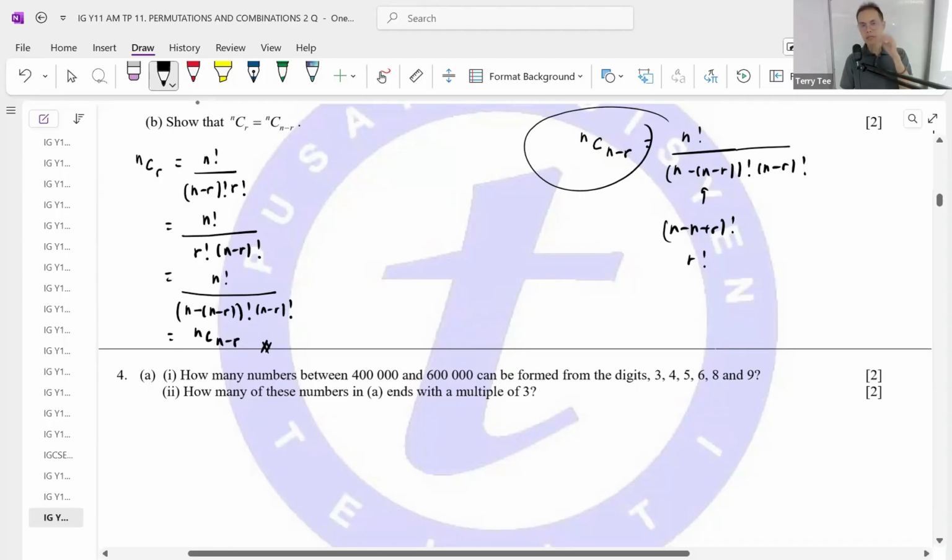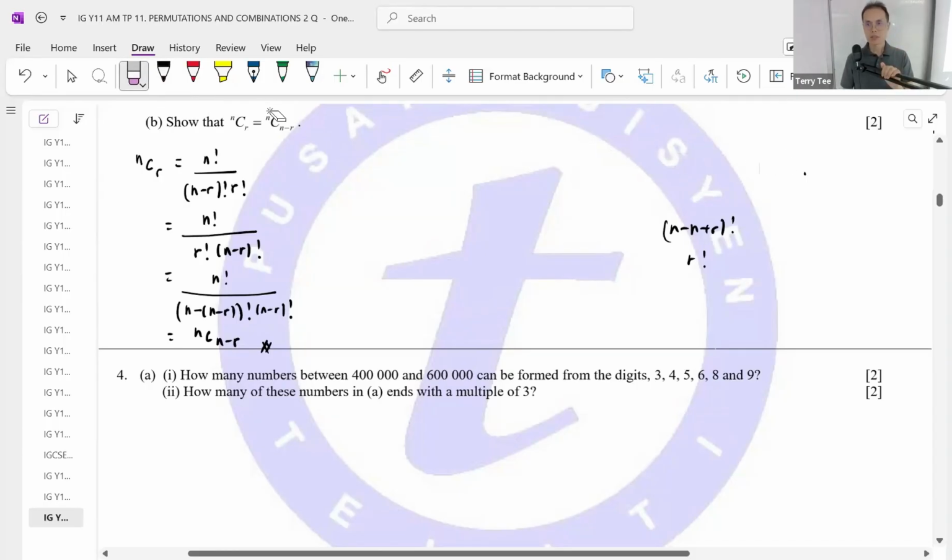Now, you can also start from the right and move towards the left, because I think right towards left is easier to understand. If you start from the right hand side, the RHS, nC(n minus r), this is n factorial over (n minus (n minus r)) factorial, (n minus r) factorial.